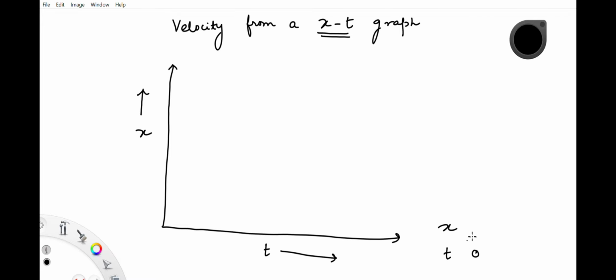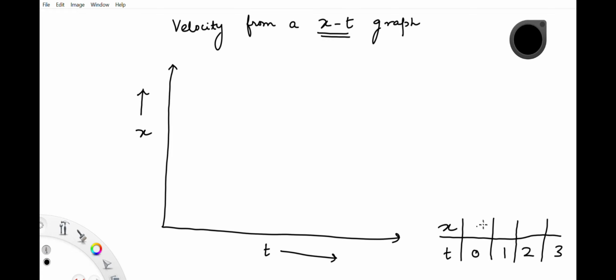So time is 0, 1, 2, 3, and let this be a case of uniform motion where the position is varying linearly with respect to time.